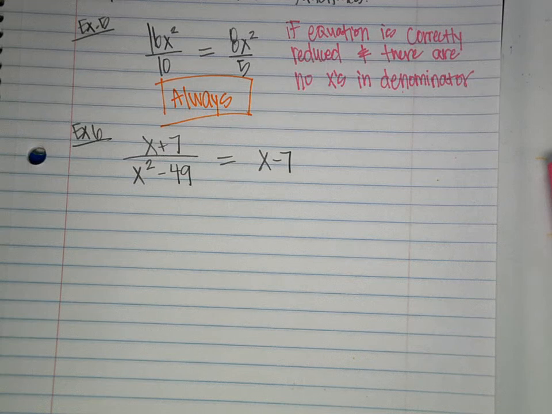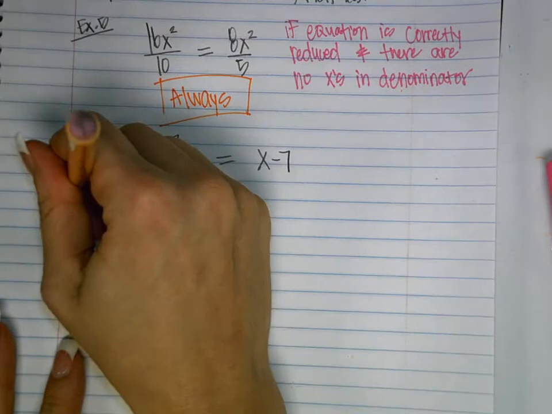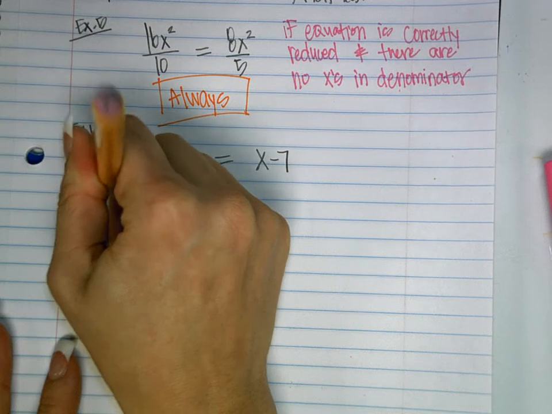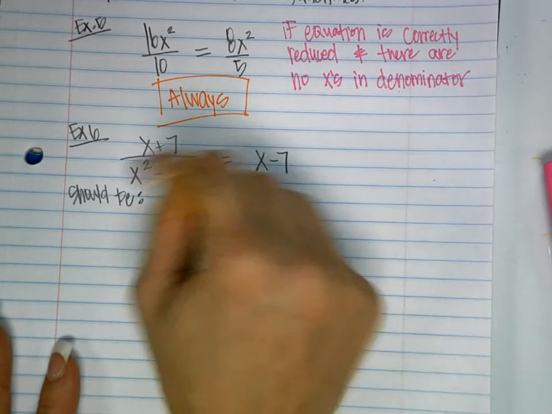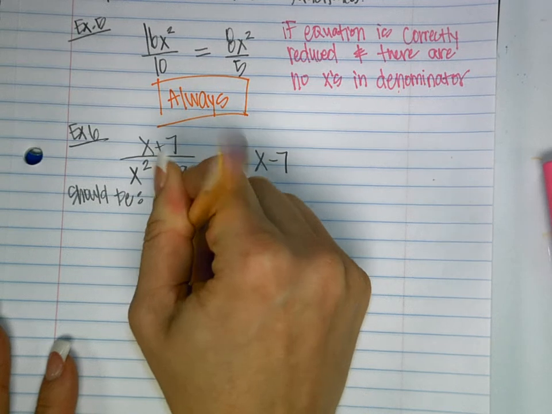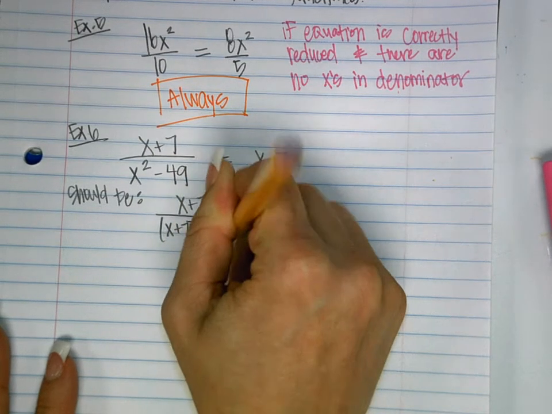First off, you have to look at, is that correctly reduced? Is that reduced correctly? No. How should it be reduced? If you factor the bottom, that's x plus 7 times x minus 7.